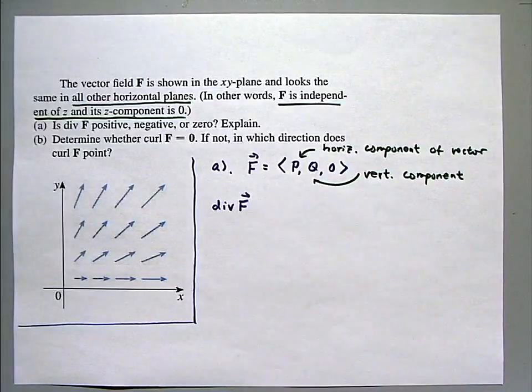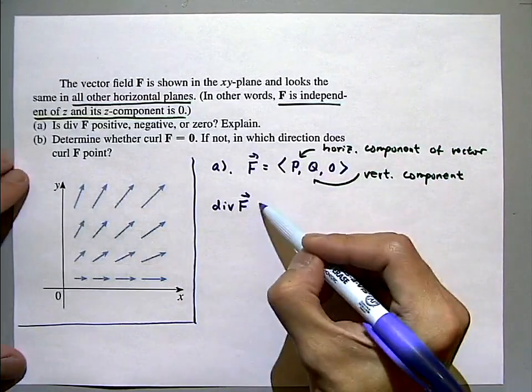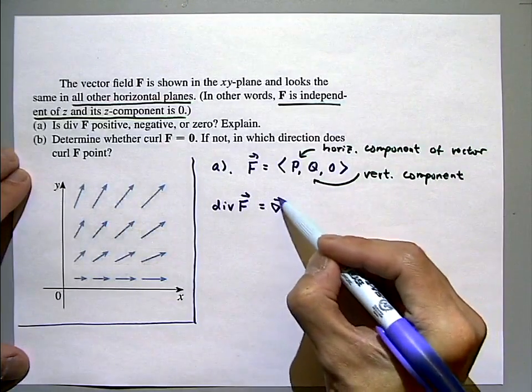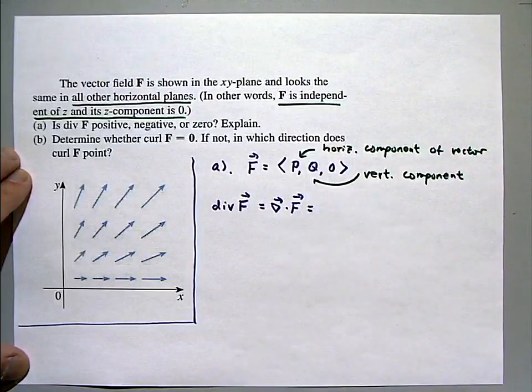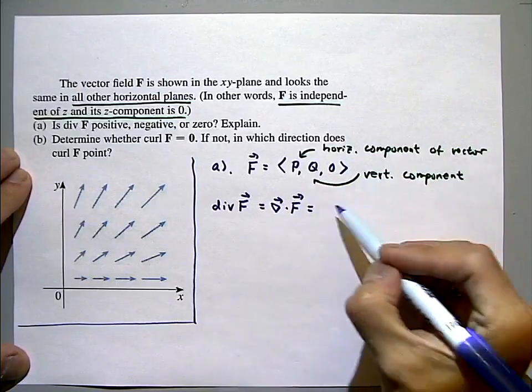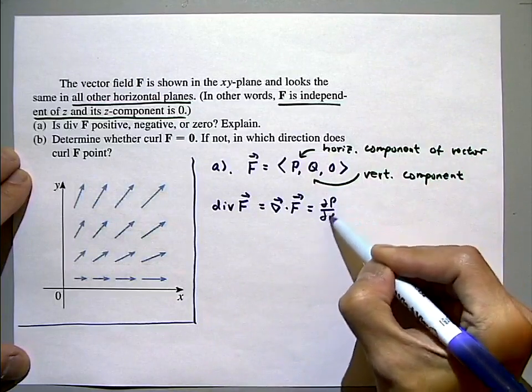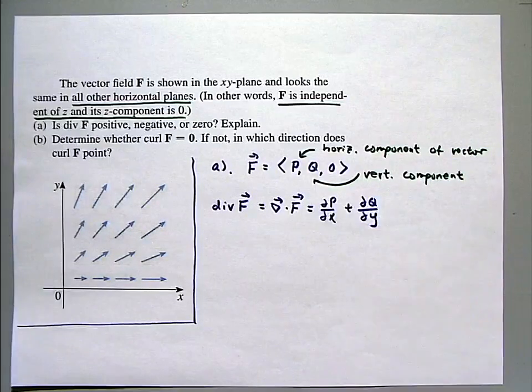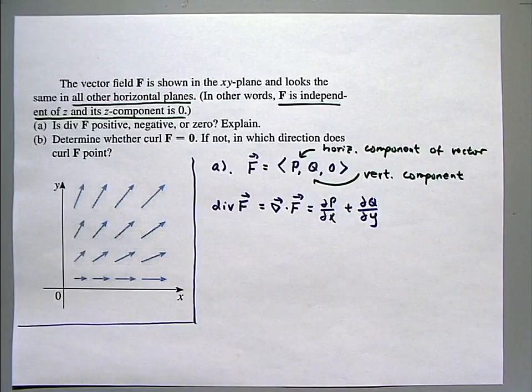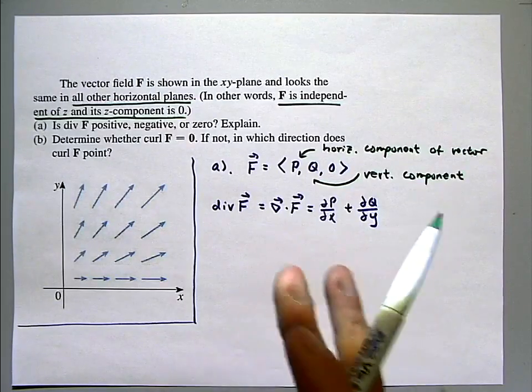Now let's take the divergence of that. The divergence of this is del dotted with F. And del is partial x, y, z in the i, j, k components. So if you dot with this, you get partial P, partial x, plus partial Q with respect to y. All right, so even without knowing what F looks like, we can still do something with this just from the picture alone.